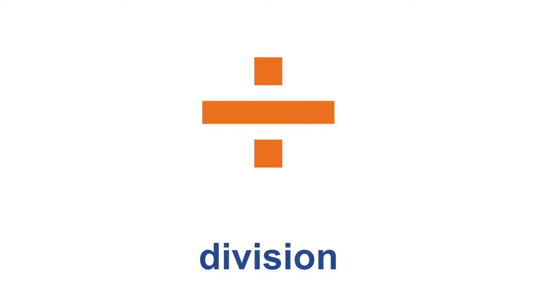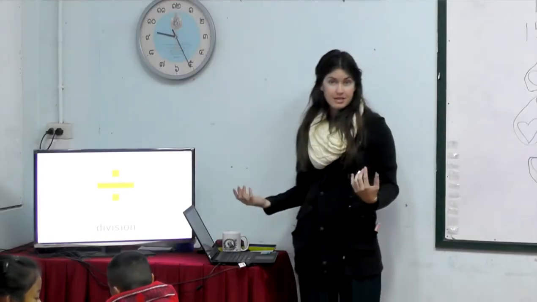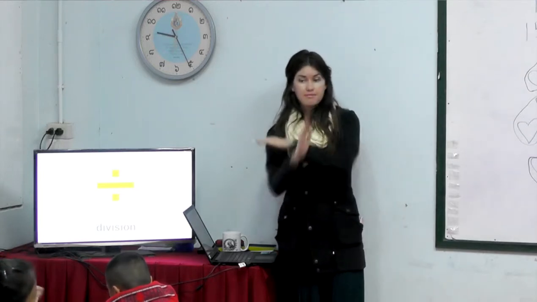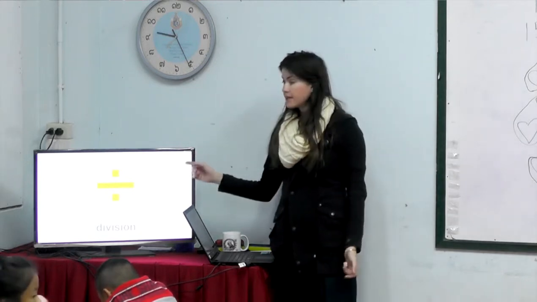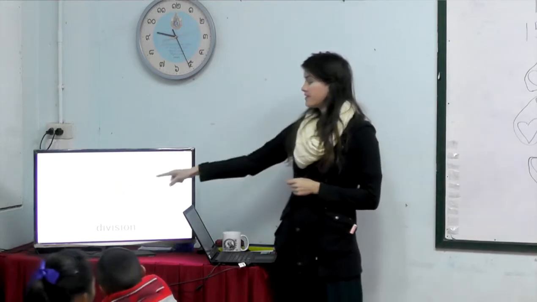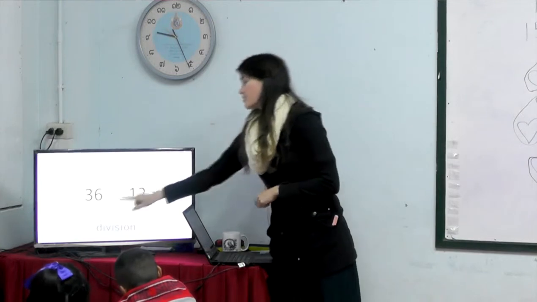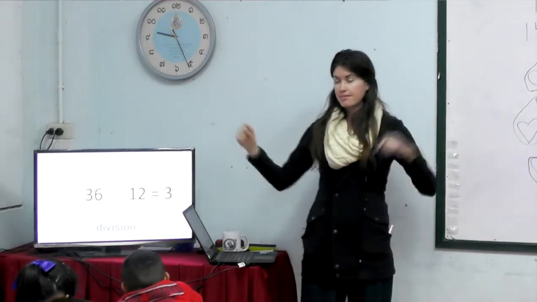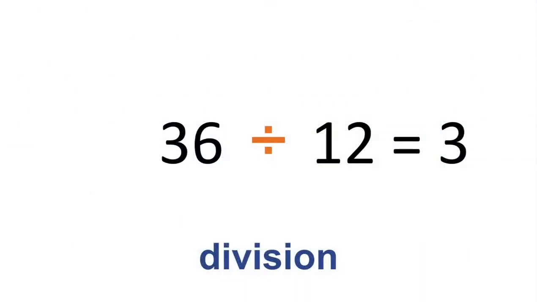So just like we practiced with our problems on the board and how we did fact families with plus and minus a long time ago, multiplication and division are the opposites of each other. So when we see division, we can have the same numbers, they're just going to be in different places, and now we've got division instead of times. So we have 36, our biggest number, divided by 12 equals 3.